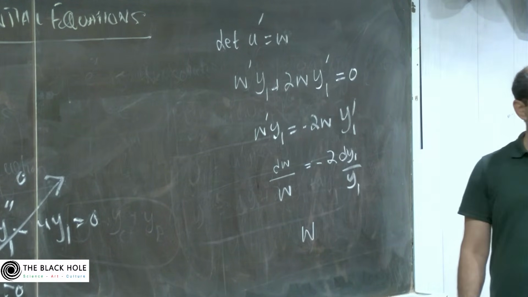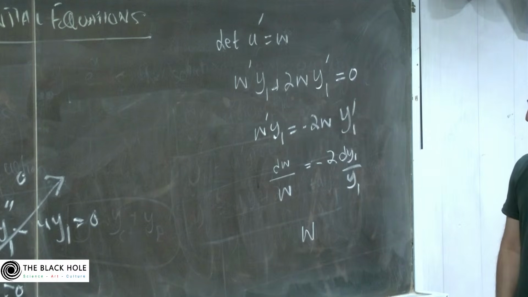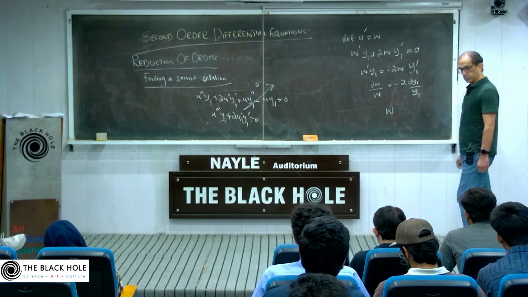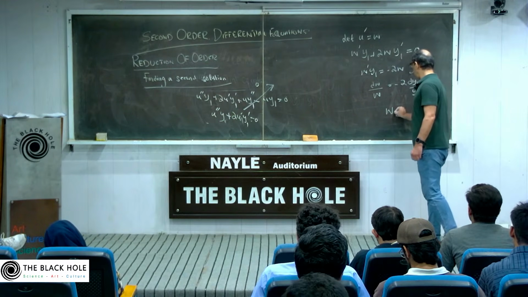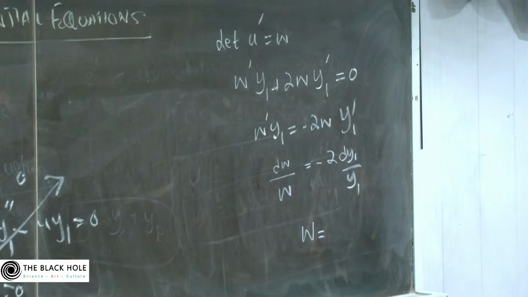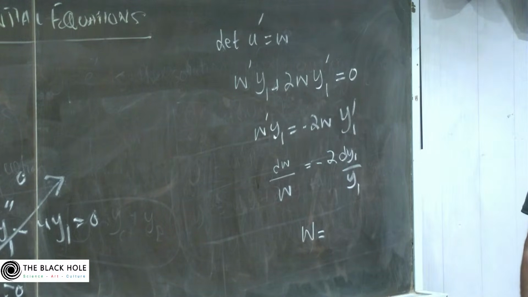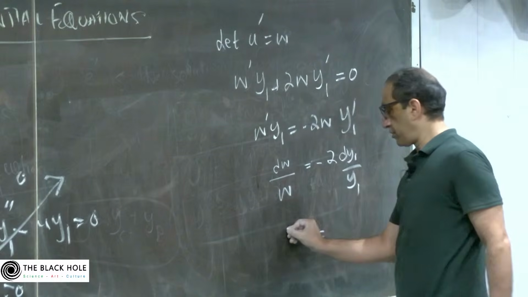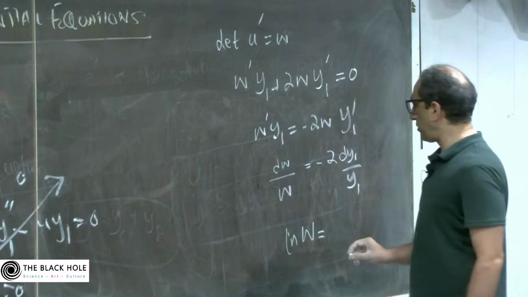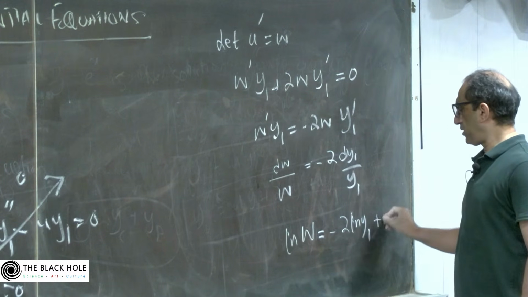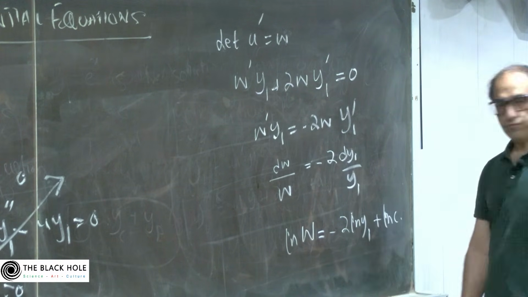How will you write it? So let's first write it like this: log of w equals minus 2 log of y1, and you write down log of c.